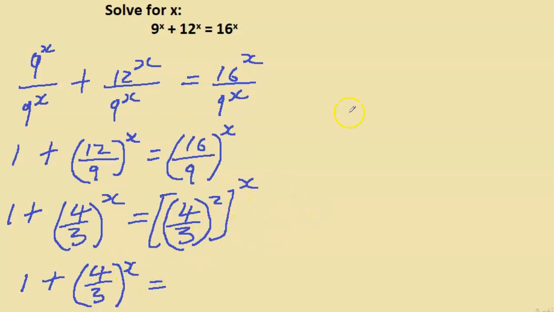Now, I'm going to do something. I'm going to switch the x and the 2. And this comes from a law in indices that says x to the power of ab is x to the power of ba. Notice both of these are x to the ab. But when you multiply a times b, the order is not important.